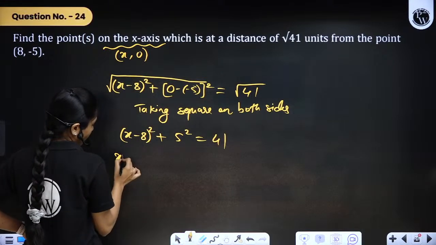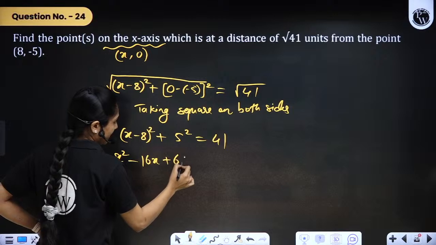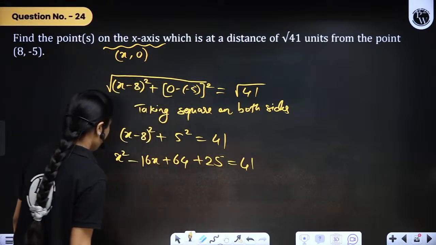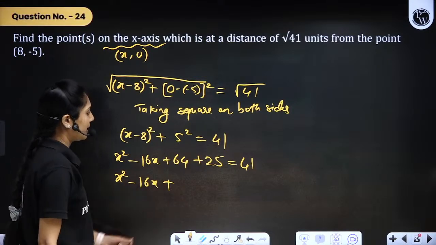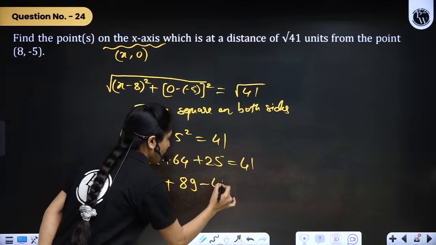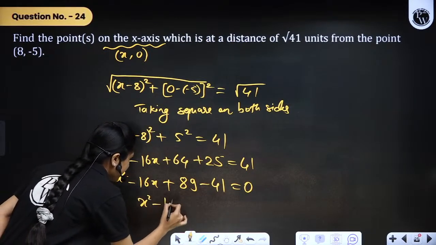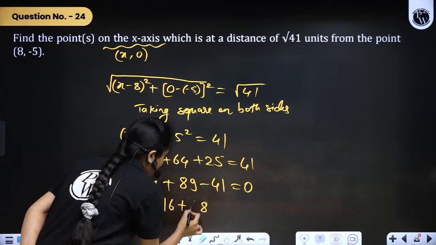So it's x square minus 16x plus 64 plus 25 is equal to 41. So x square minus 16x plus 89 minus 41 is equal to 0. So it's x square minus 16x plus 48.